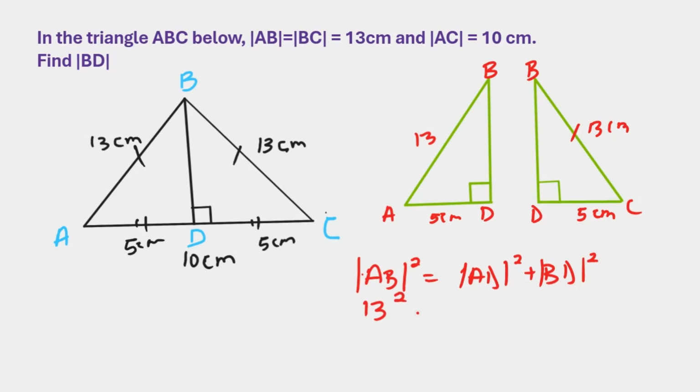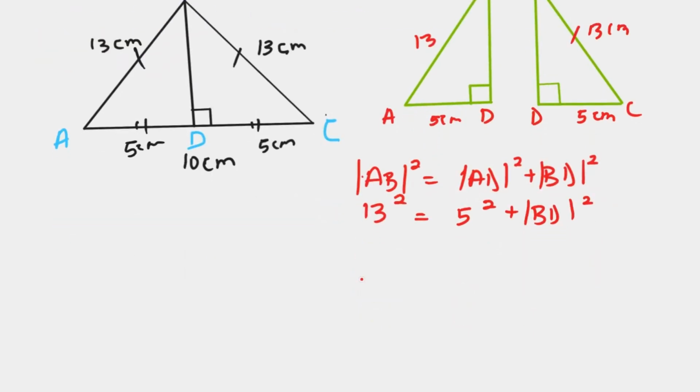So we have 13 squared equal to AD, that is 5 squared, plus BD, that is what we are looking for. So 13 squared is going to be 169 equal to 25 plus BD squared.